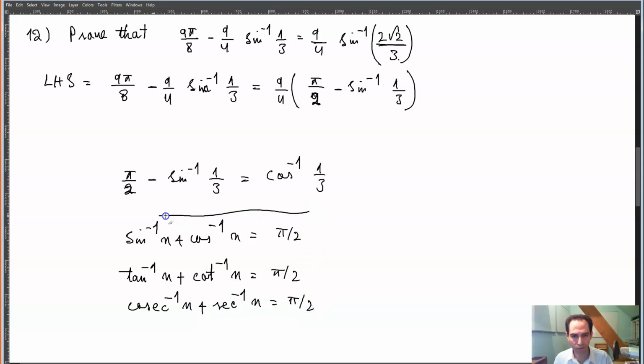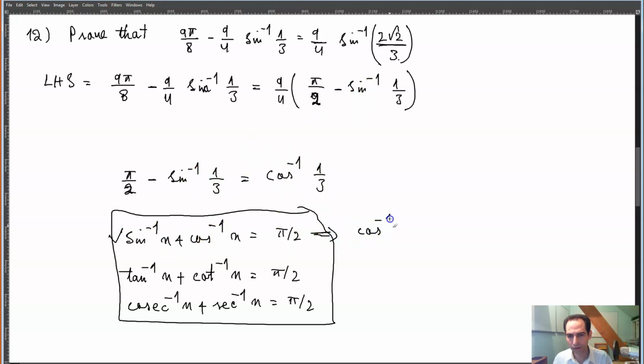We had these three formulas, right? So I'm going to use this one. Based on this I can say that the cos inverse of x is equal to pi by 2 minus the sine inverse of x.